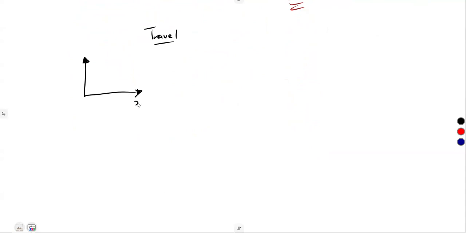Remember, this is your x and this is your y. Let's say we have a linear function or a linear graph, which is a straight line. We want to interpret what is happening under our travel graphs.